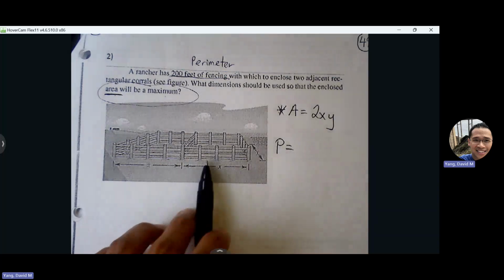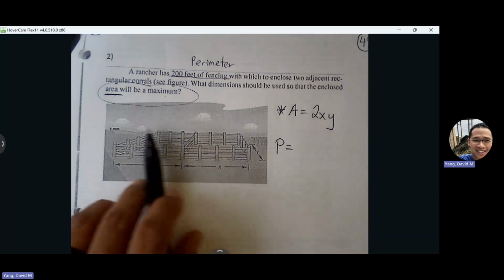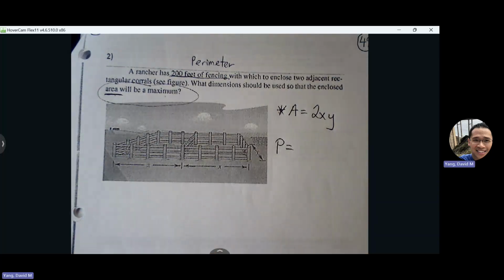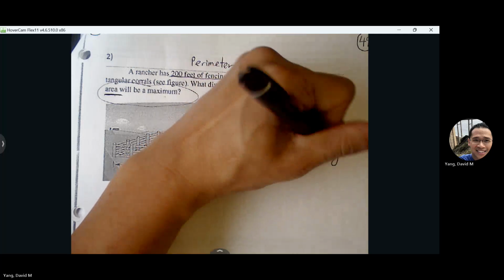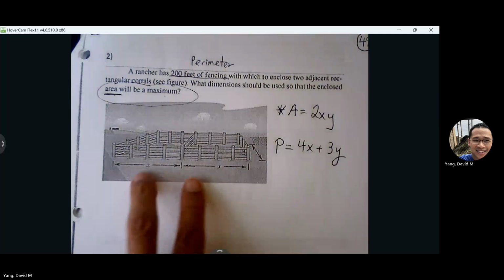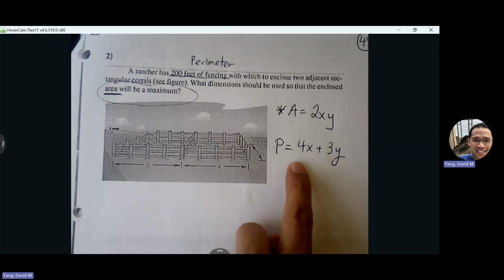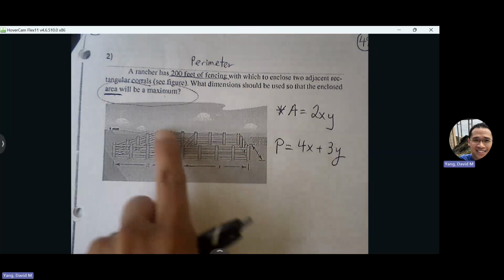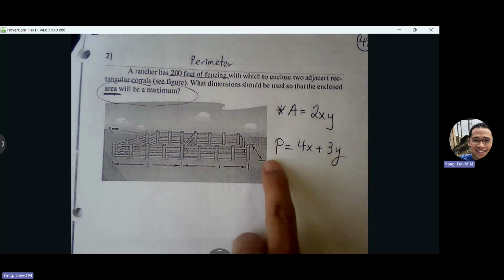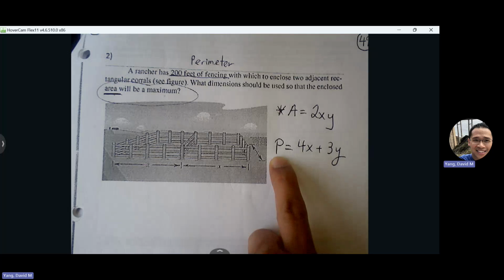I have 2x here, and 3 vertical y's. So I'm going to say 4x plus 3y. 2x is here, 2x is here, that's 4x. And I have 3 vertical y's, so plus 3y. What can I replace p with? 200.